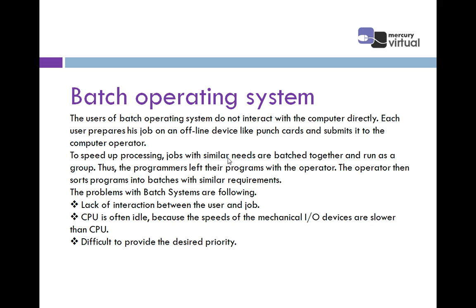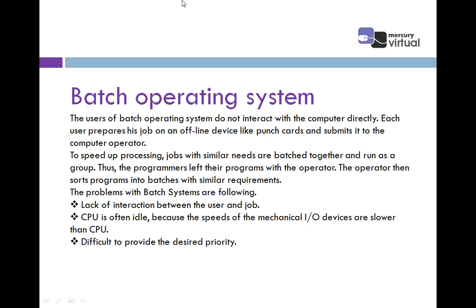Right? The main problems which are included with batch system are the following. First one says lack of interaction between the user and the job. For example, you are sitting at a far place and I am sitting in India. So there is a distance between you and me, so there is lack of interaction if I am using the batch operating system.